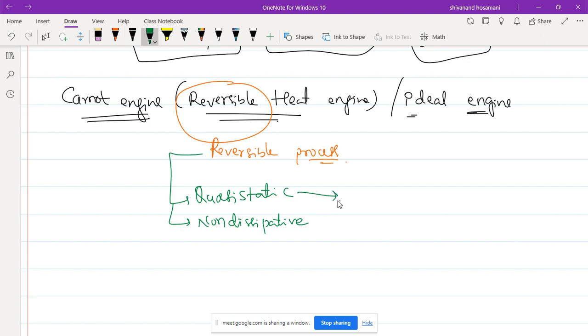Quasi-static means what? The system is in equilibrium at all times. A very slow process we call quasi-static.